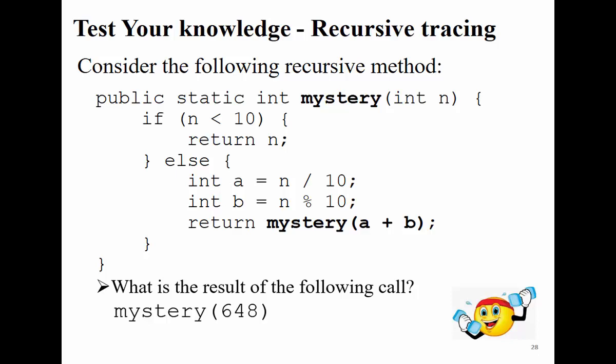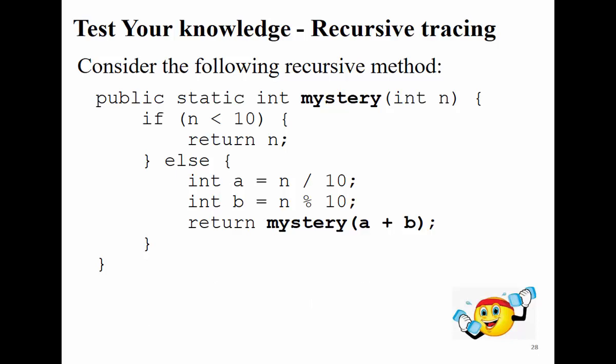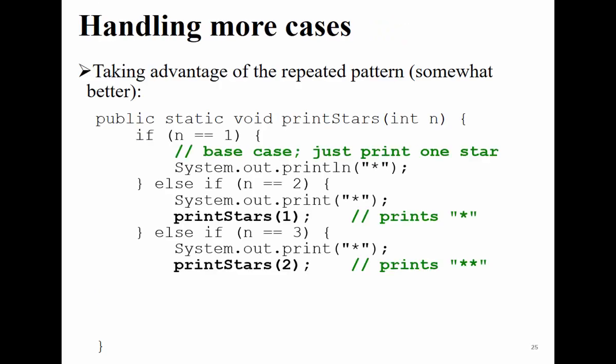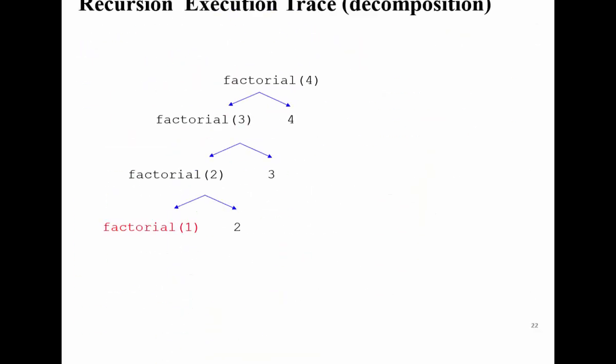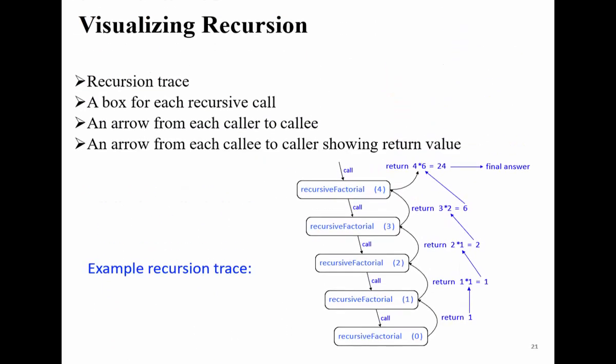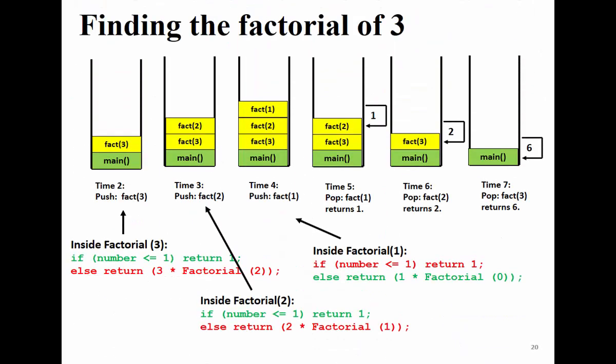It could be a written answer, or it could be multiple choice. What's the trace diagram? That's the one we showed in the previous slide. This is the trace diagram. This is a composition, decomposition. This is the way of tracing with a stack. These are ways of tracing recursive methods. Any of these answers will be accepted.